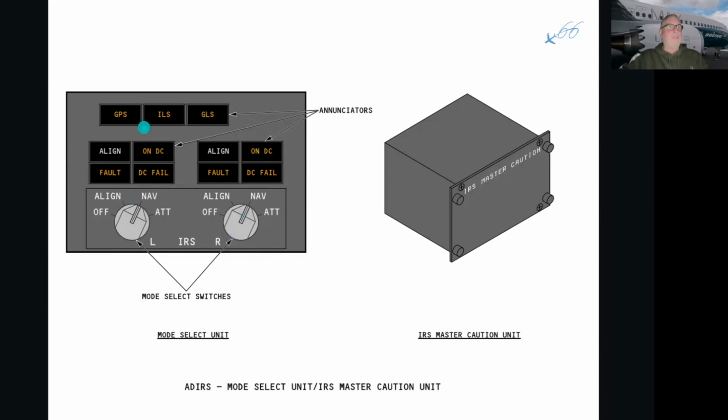And because there was none of this, we had to install another box. This is on P61, just behind the co-pilot in that little alcove. Okay, the IRS master caution unit, that makes all these cautions come up because, as I said, this is a supplementary modification. All this didn't exist in the old models.